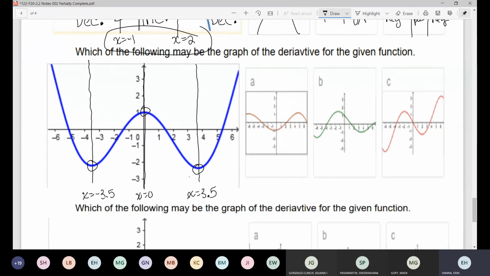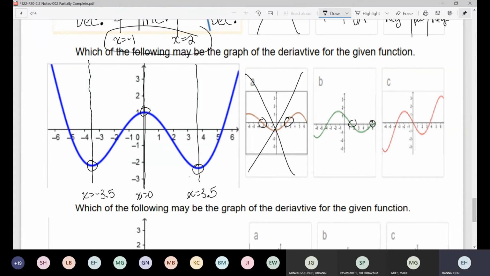So I want to look at these graph options over here, and I want to look for one that crosses exactly 3 times and in those general vicinities. So this crosses twice. That ain't it. This crosses technically a 3rd time over there. I know it's kind of blurry.